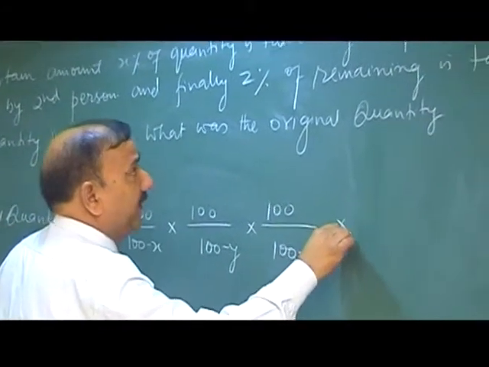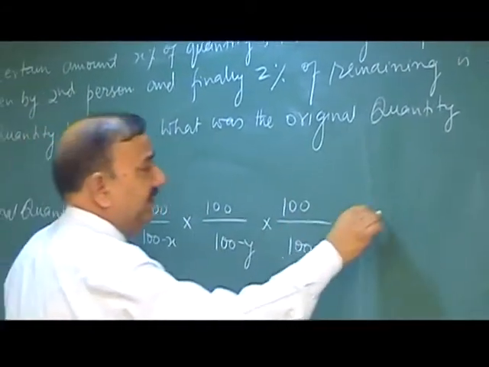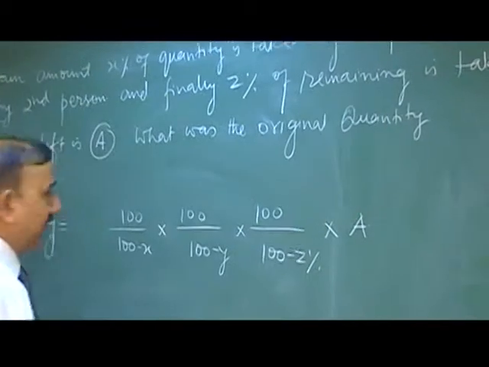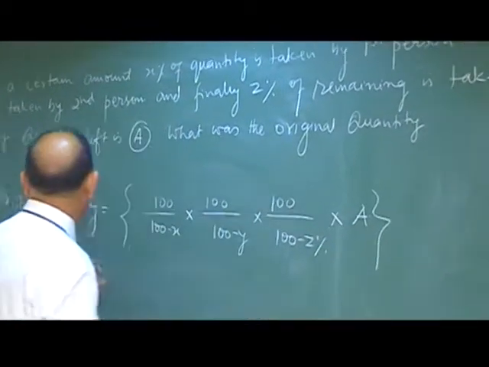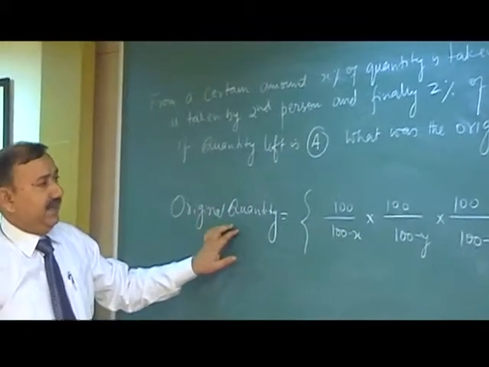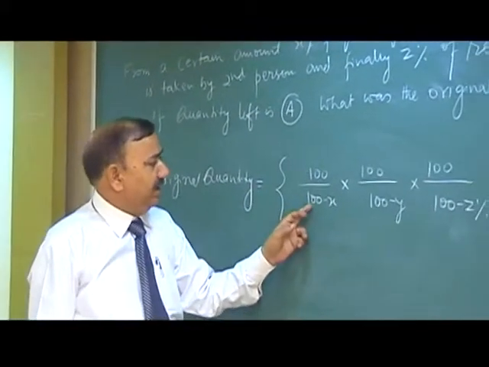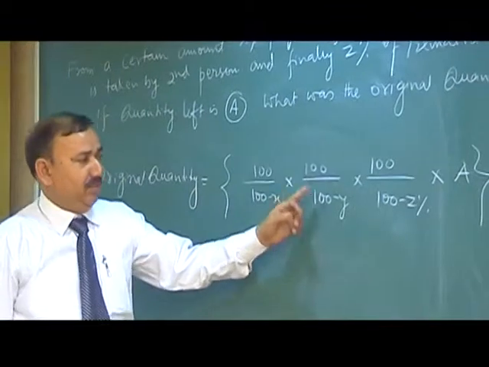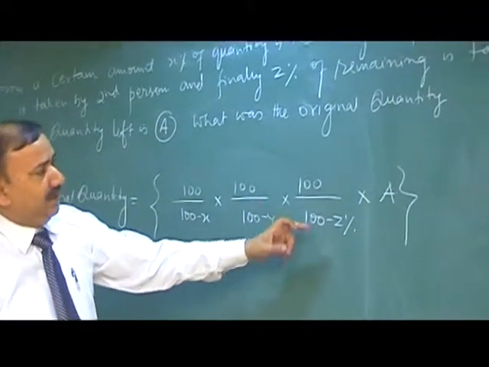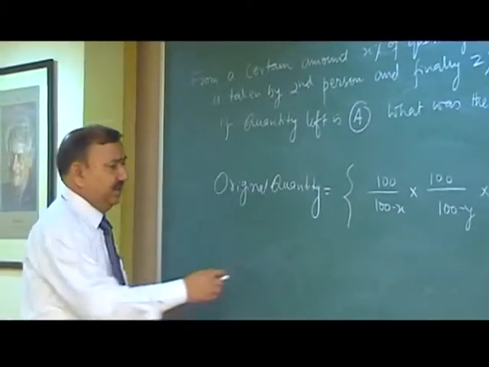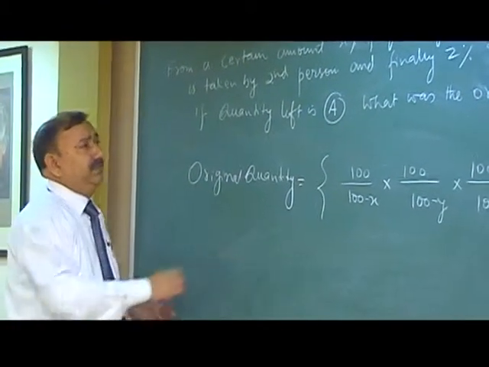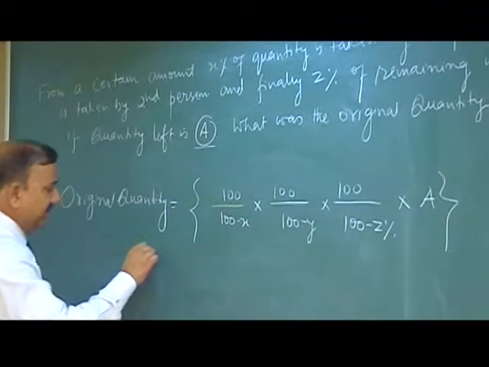The quantity left is A. So this is the shortcut way: the original quantity will be 100 upon 100 minus X, into 100 upon 100 minus Y, into 100 upon 100 minus Z, into A.